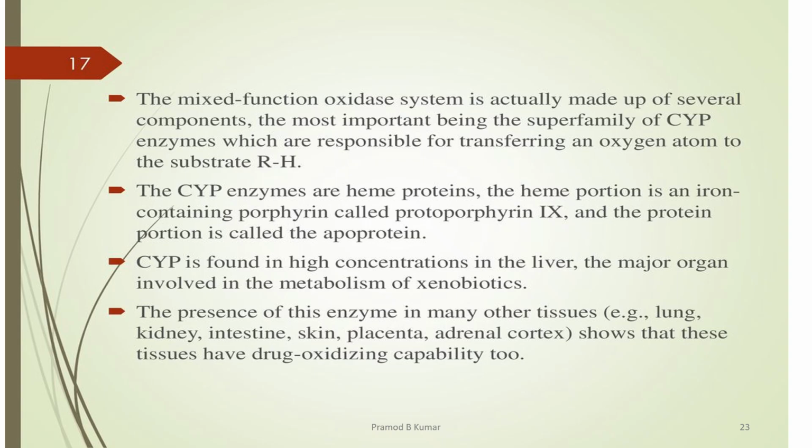The cytochrome enzymes are heme proteins. Heme protein means the heme portion is an iron containing porphyrin called protoporphyrin IX, and the protein portion is called apoprotein. Cytochrome is found in high concentration in liver and major organs involved in metabolism of drugs like liver, kidney.